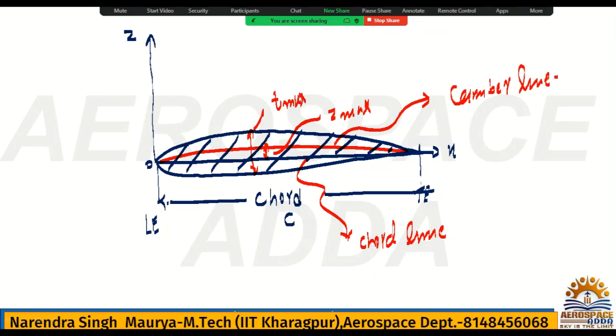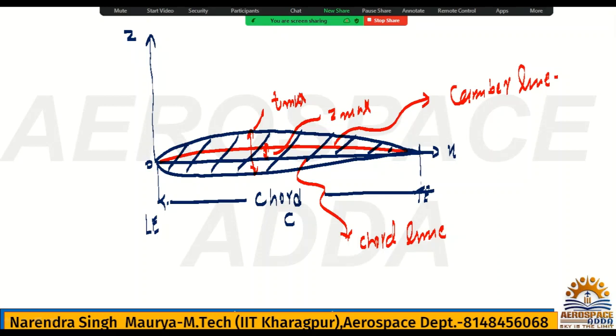Because it is very thin, we have two options. If it is thin, you can also call it a symmetric airfoil. In thin airfoils, both cambered and symmetric exist.